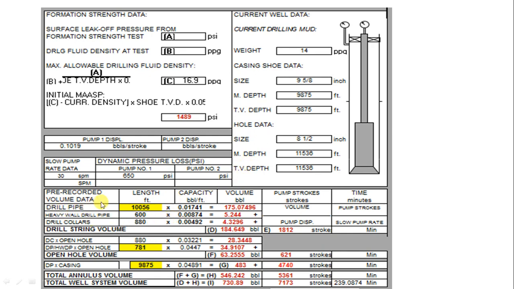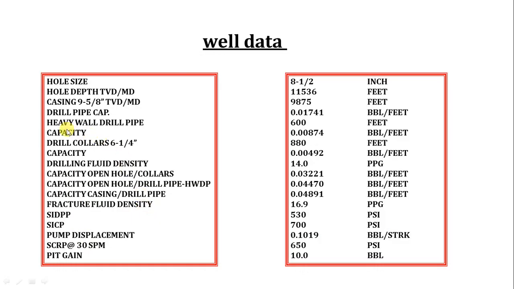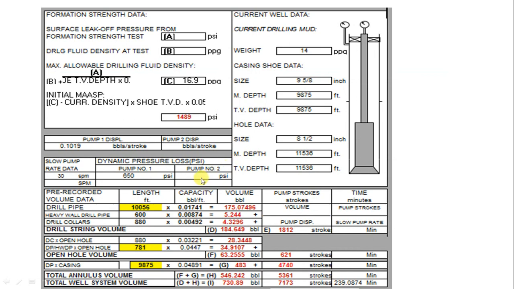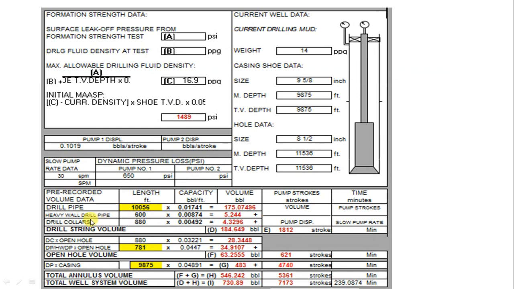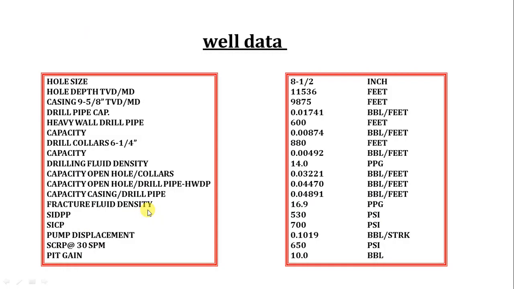Here, the drill pipe, you don't know its length. He didn't give it to you. He gives you just the capacity of the drill pipe, but he didn't give you its length. But he gives you the heavy weight drill pipe and the length of the drill collars, as you see, so you have to calculate it. How to calculate? Here the drill collar is 88 feet. And here the heavy weight drill pipe is 600.